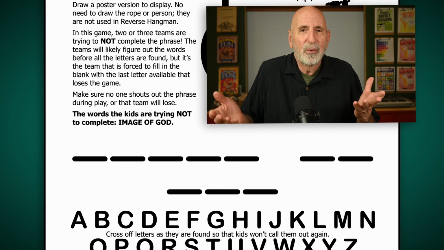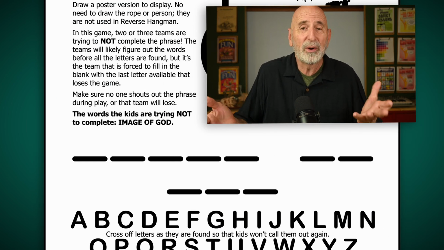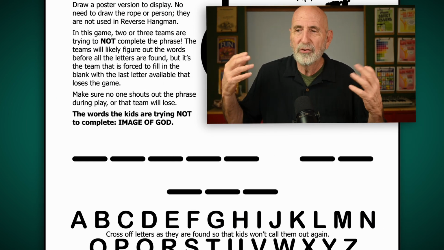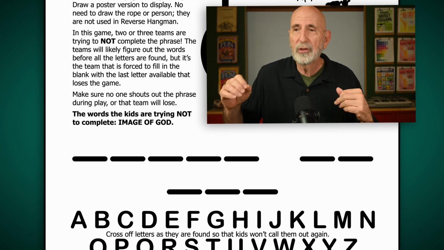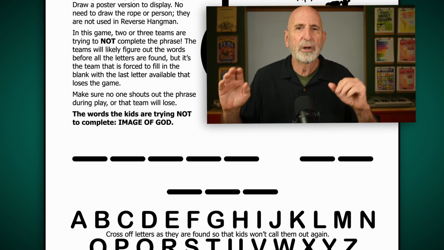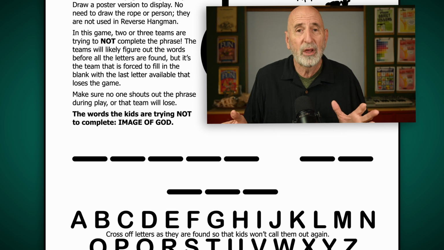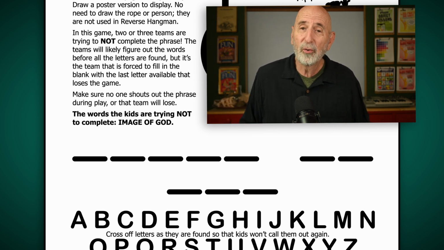It's a really fun game because the kids know that they're supposed to not get it, so they're guessing X and Q and all these letters at first, but sooner or later they're going to run out of alphabet, and the team or the player that runs out of the alphabet loses the game, and actually they win the game, which means they've lost the game.